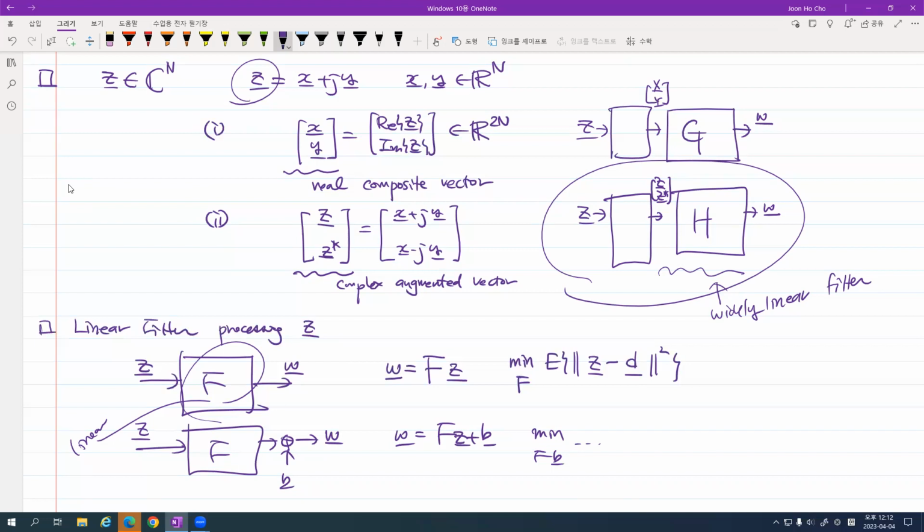So whenever you have impropriety, so you do not have vanishing pseudo covariance, then sometimes, not always, this type of widely linear receiver or filter, which still has the simplicity of a linear filter, performs much better.